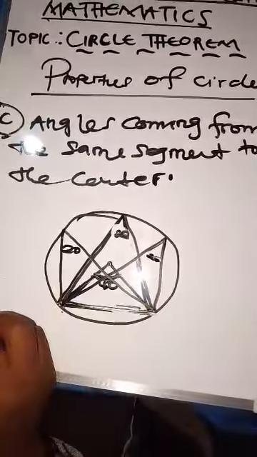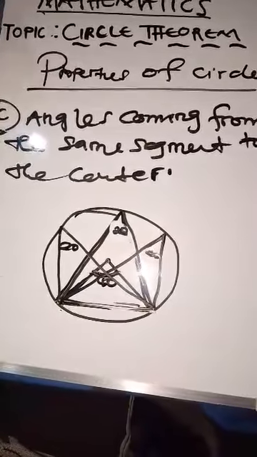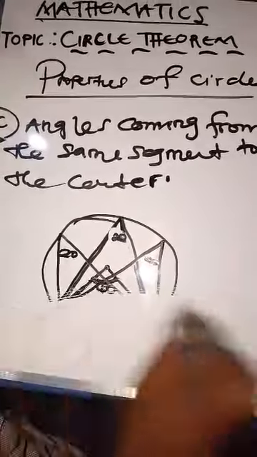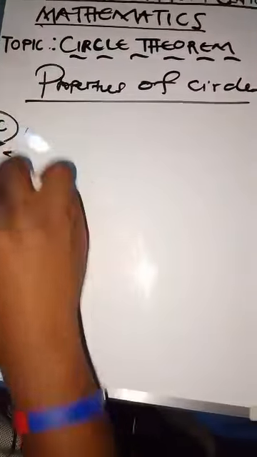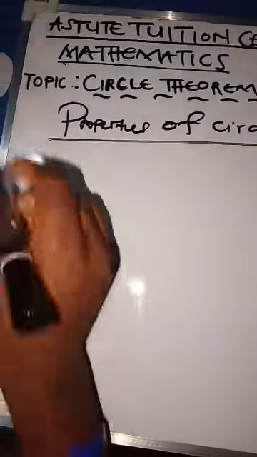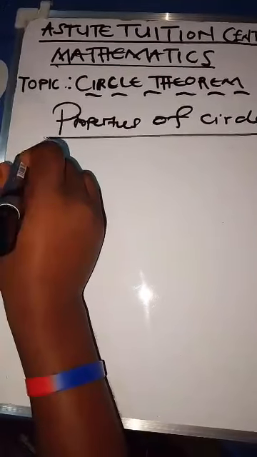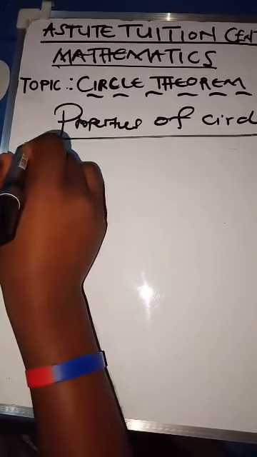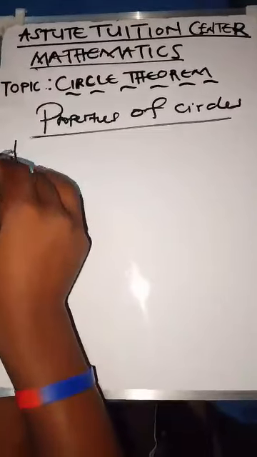Even this one is going to be 20. So it is very important to understand this one as well. Having talked about this one, we can go to the next one.